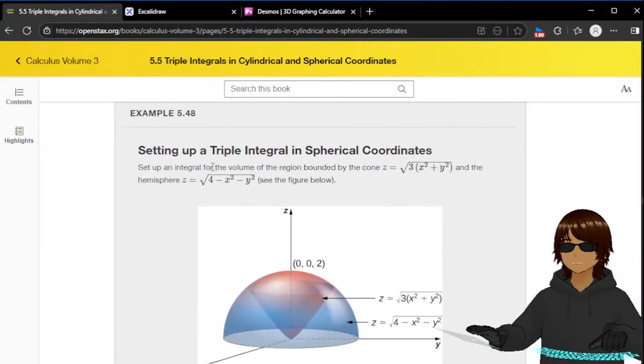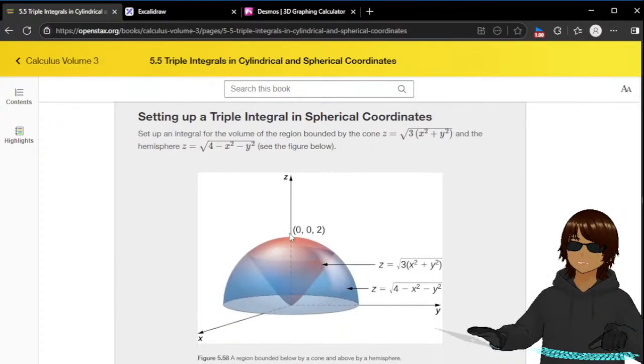Set up an integral for the volume of the region bounded by the cone z is equal to root 3 times root of x squared plus y squared, and the hemisphere z is equal to root of 4 minus x squared minus y squared. So we are finding the volume of this inside region, right?